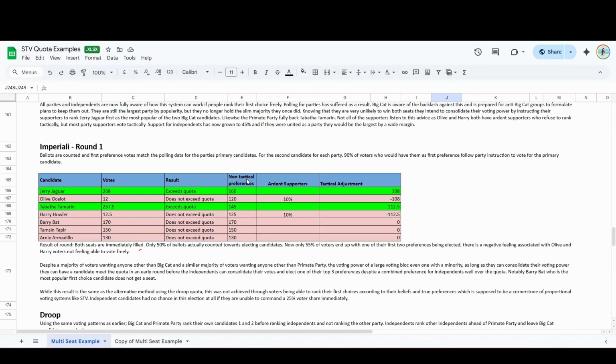And unfortunately, what shouldn't be happening with an STV vote, in my view, is that we shouldn't need to vote tactically. It should be a system that allows us to vote with our genuine preferences without needing to worry about it.